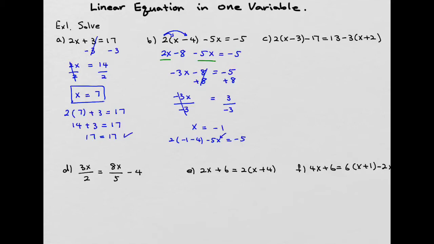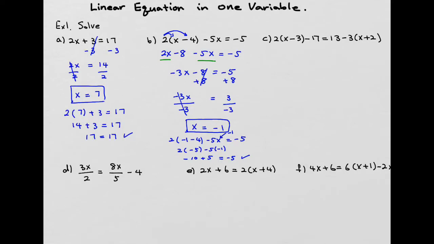Then you get 2 times negative 5 and negative 5 times negative 1. That is negative 10 plus 5. Is this negative 5? Yes. So we know our solution should be x equals negative 1.